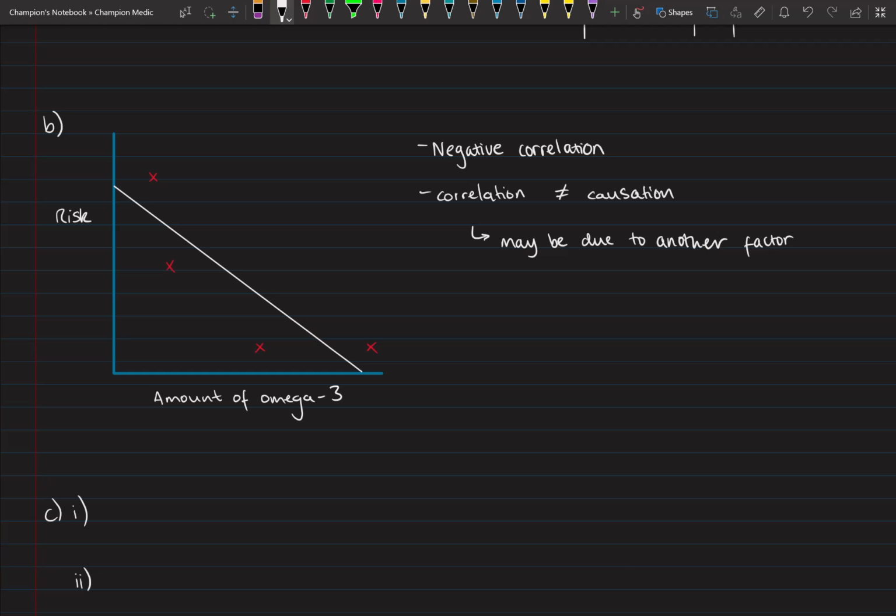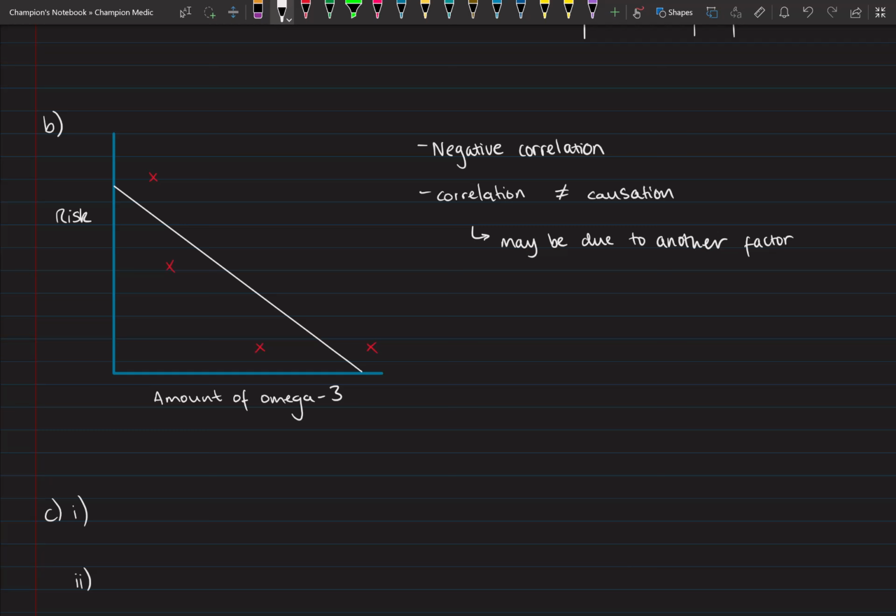The phrases correlation does not mean causation, and may be due to another factor, come up quite frequently in mark schemes for these evaluation questions. So I'd recommend learning what those two phrases mean really well, and then implementing them into answers where it's appropriate.